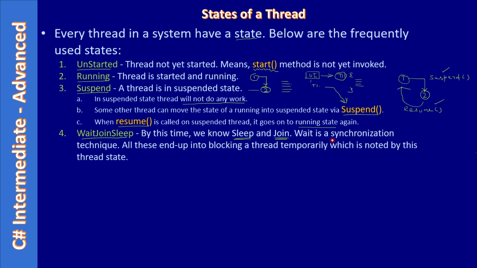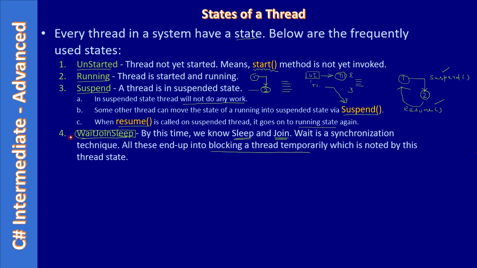Wait is a synchronization technique which we have not yet learned, and we will cover that in the coming series. In all these method calls, sleep or join, or if you apply some synchronization wait, all of these end up blocking the thread temporarily, which is noted by this state wait, join, sleep.